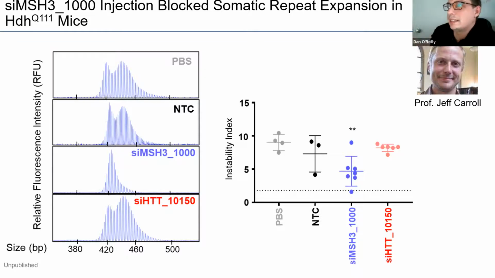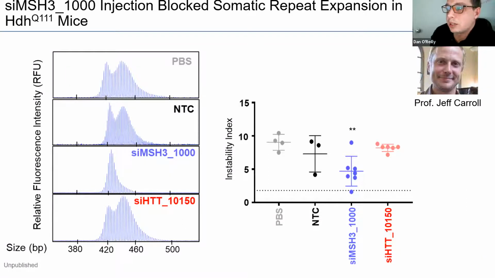Unfortunately, because the NTC group is a bit variable, we couldn't get statistical significance between that and the siMSH3, but luckily we have the HTT control there, which is also a secondary non-targeting control for us. So we do see statistically significant blockage of expansion between the siMSH3 and the HTT control that we use.